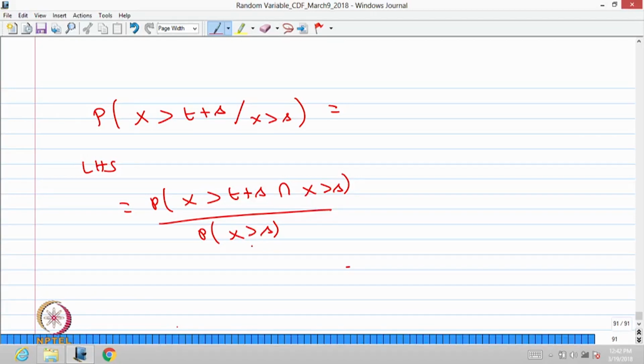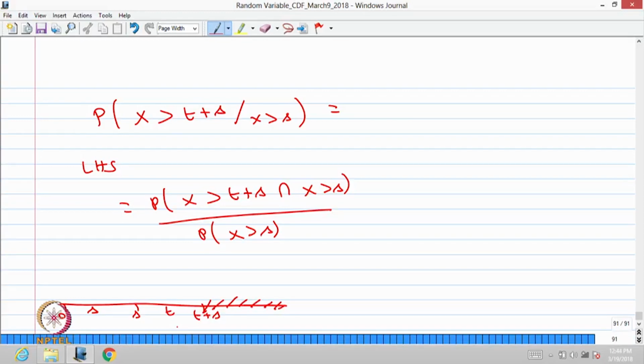You can explain this concept in an easy way. Just draw a line starting at 0. Suppose you take the length s here, so this point is s. You take another length t, therefore this point is t plus s. When I say x is greater than t plus s, that means you shade beyond this point.